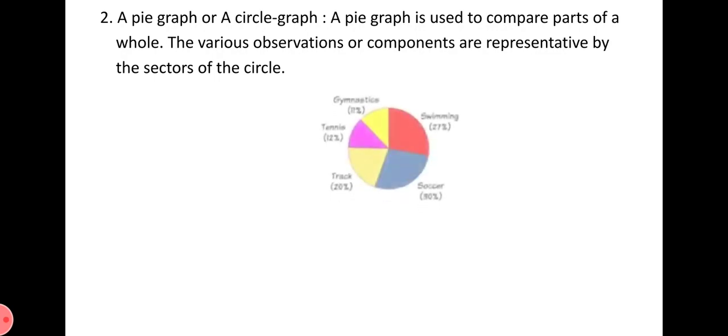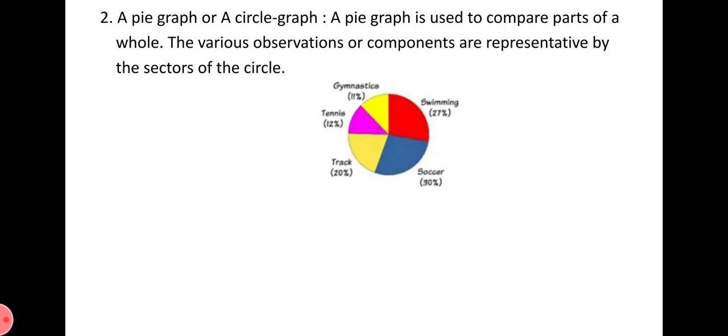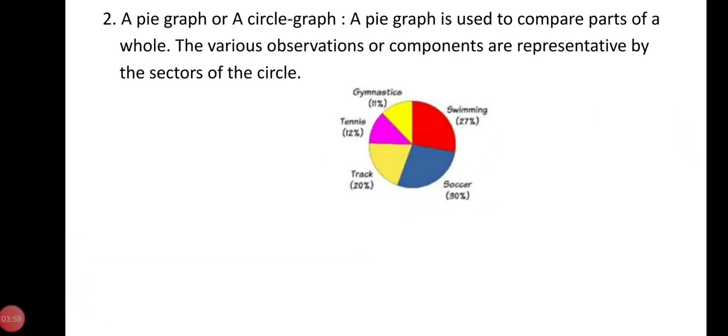Let us see one example. Here you can see different types of games given in percentage form, as sectors of the circle: gymnastics is given as 1%, tennis as 12%, track as 10%, soccer as 30%, and swimming as 27%.